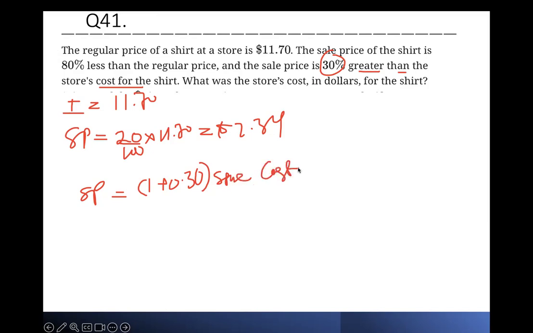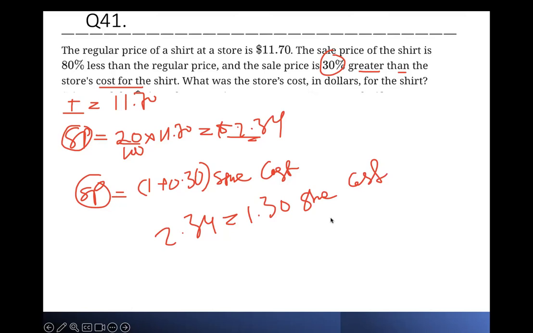And you need to calculate what the store cost was. That's all. If you have SP here, we already know it, so you can equate this to that. That means 2.34 should be equal to 1.30 of the store cost. And then you calculate it. This will give you $1.80. These kinds of multiple calculations, if you master them, boom, boom, boom, you just kill it, and then you ace the test.